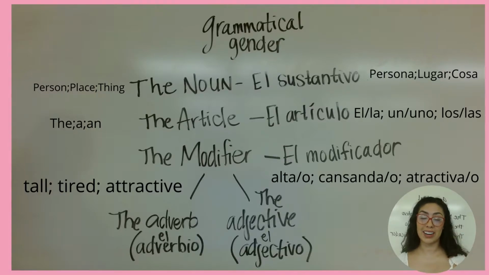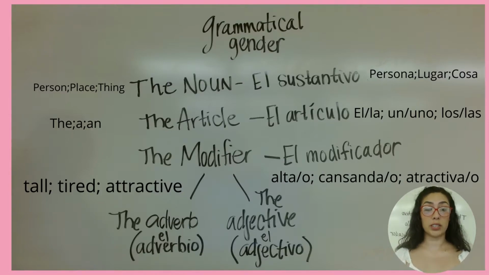So already we see that these nouns have a grammatical gender and you use a different article according to that gender. The article in English, the, a, or an, and the artículo in Spanish are different because one marks for gender and one doesn't.